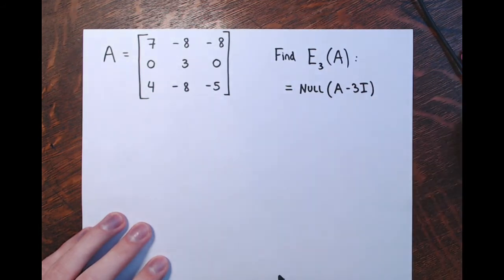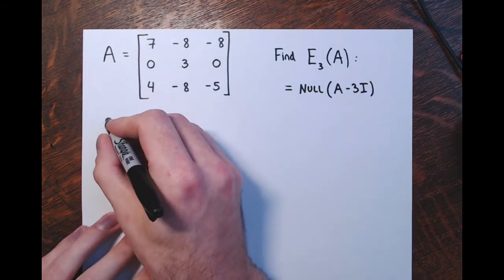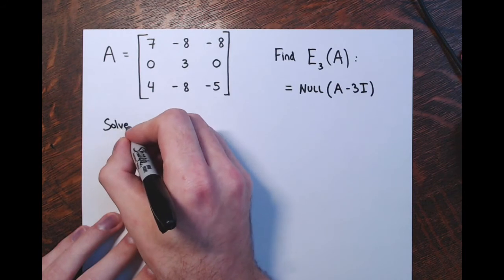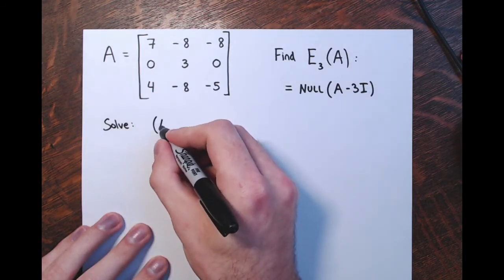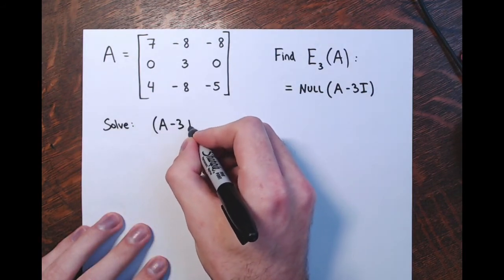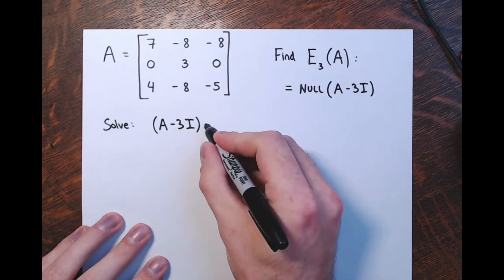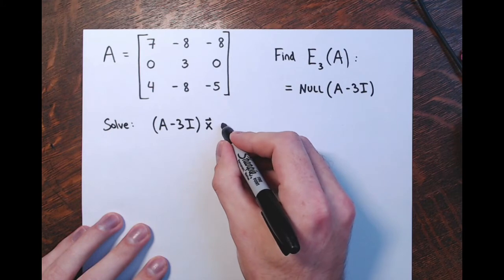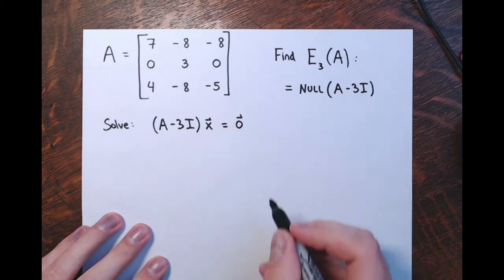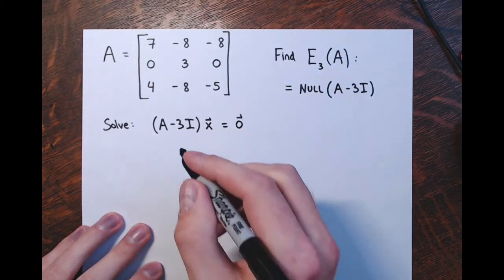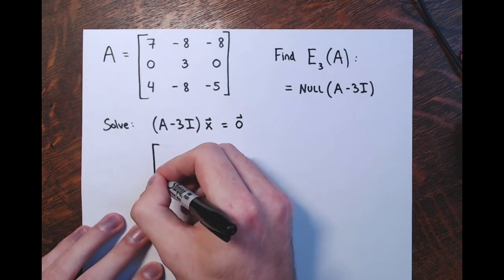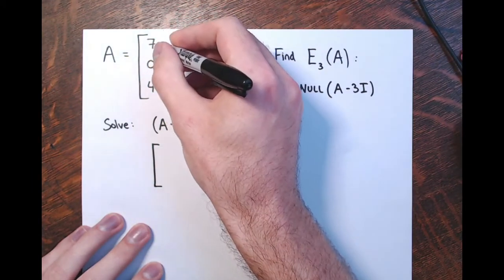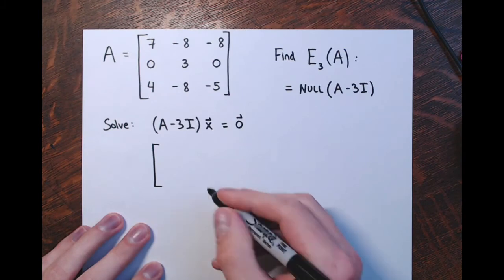Finding the null space of A minus 3I means solving this equation: take A minus 3I, and determine what vectors x I can multiply that by to get the 0 vector.